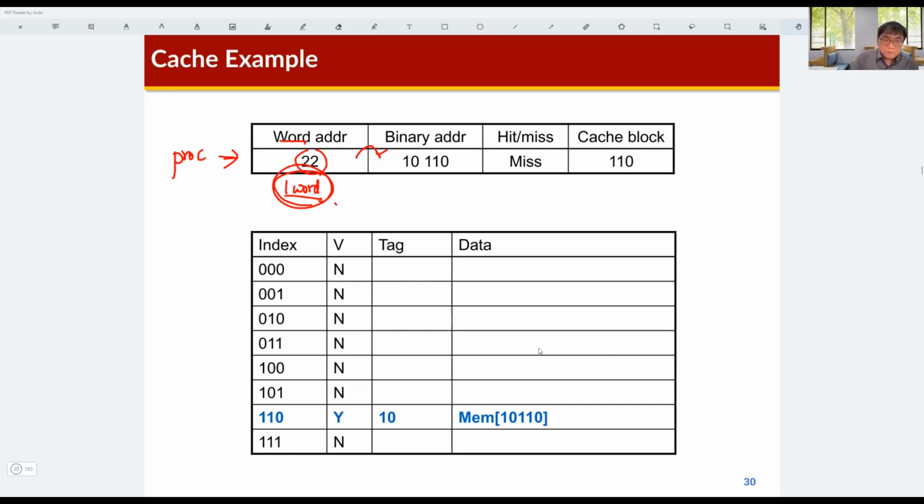That means that with a load or store instruction, the processor requests this word. The processor may request only part of the data from this word, but the entire cache block is requested, as I explained. Initially the cache is empty.